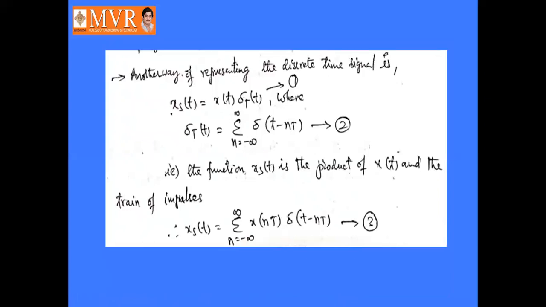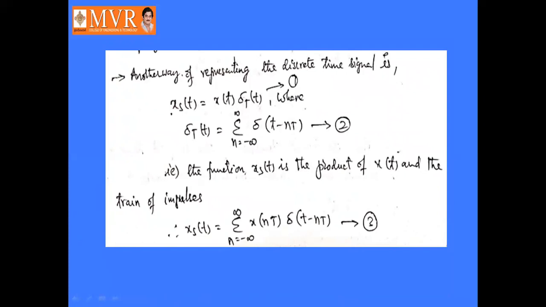Another way of representing the discrete time signal is the sampled version x s of t, equal to x of t multiplied with the train of impulses delta T of t. That is equation number 1, where delta T of t is the train of impulses, sigma n equal to minus infinity to infinity delta of t minus nT.